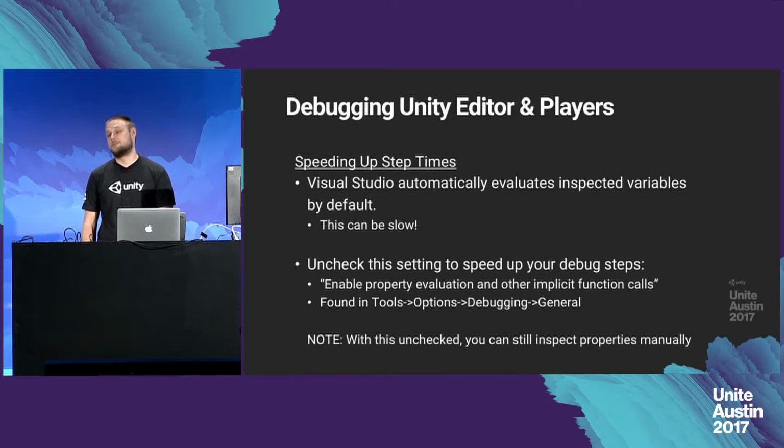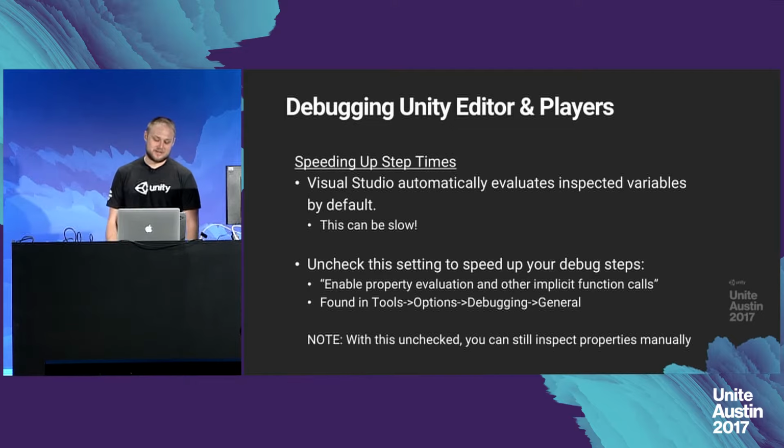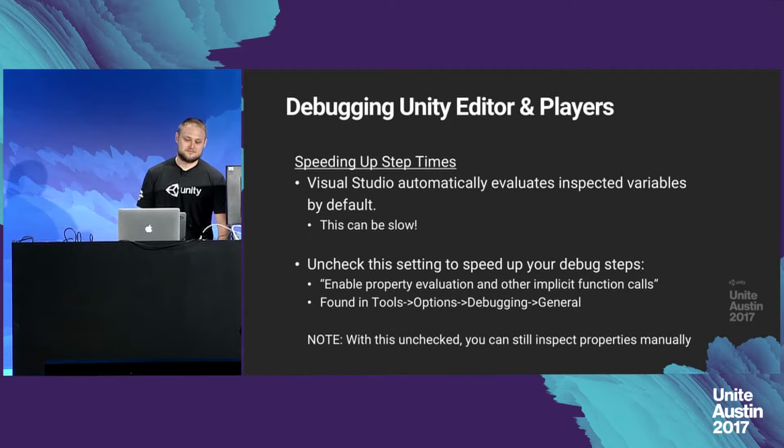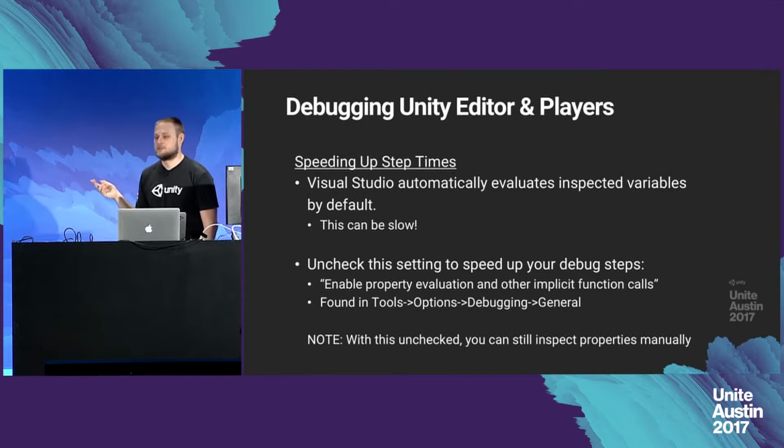Every time you step, it's going to run all of its inspector evaluation for every variable in scope, so that can be slow. What you can do is uncheck this in the settings: go to Tools, Options, Debugging, General, and uncheck enable property evaluation and other implicit function calls. That can help speed up your step times dramatically.